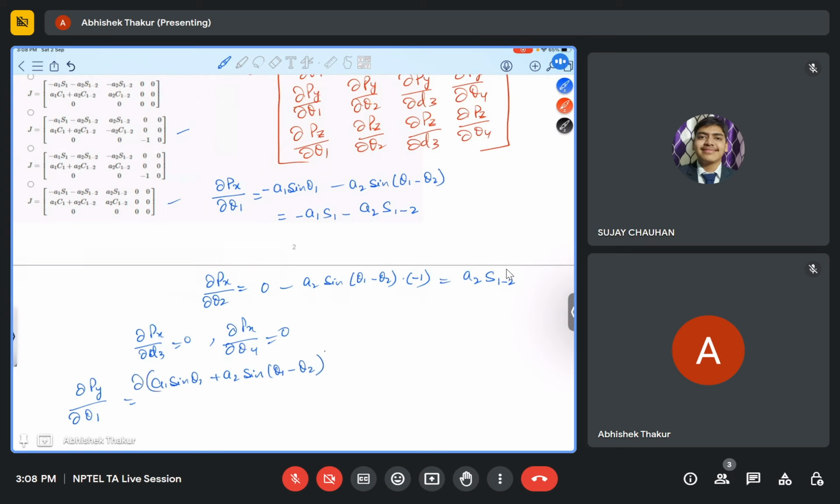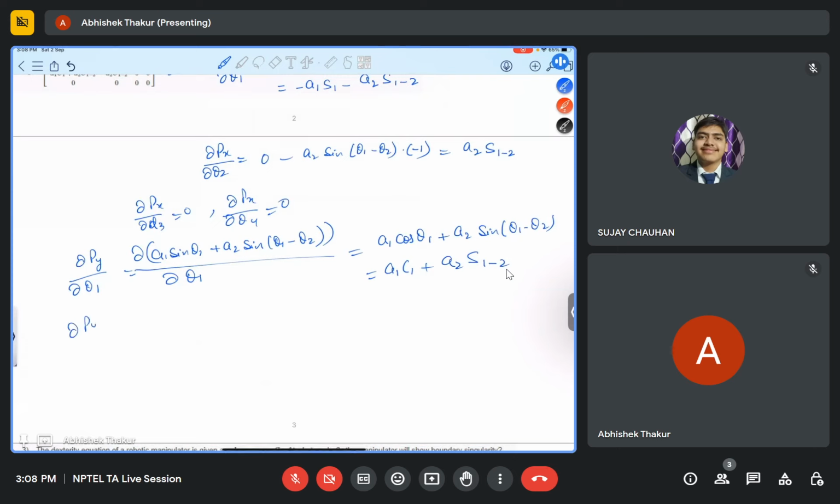We have to differentiate this by del of theta 1, that is equal to a1 cos theta 1 plus a2 sin theta 1 minus theta 2. So this we can write as a1 c1 plus a2 s of 1 minus 2.